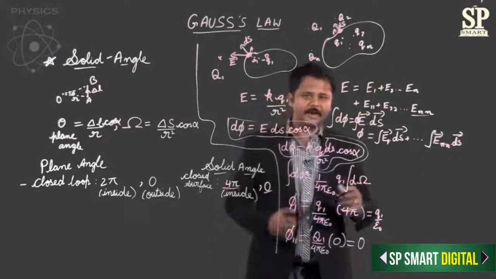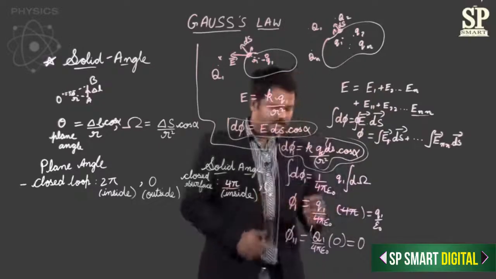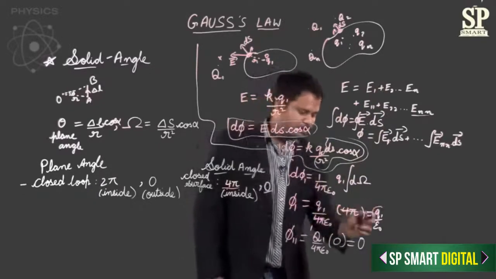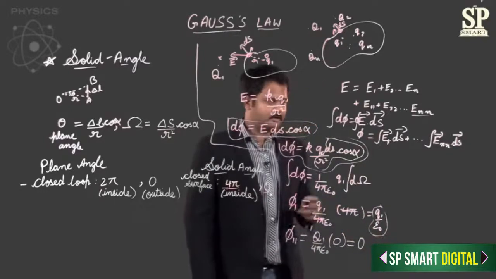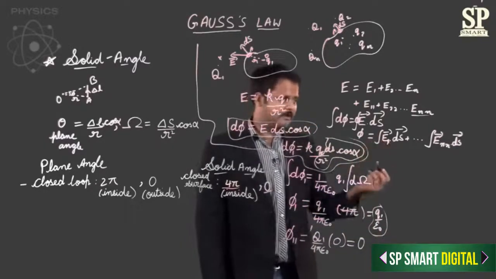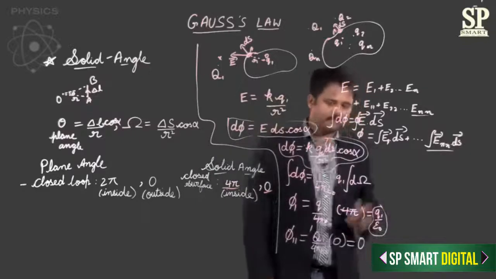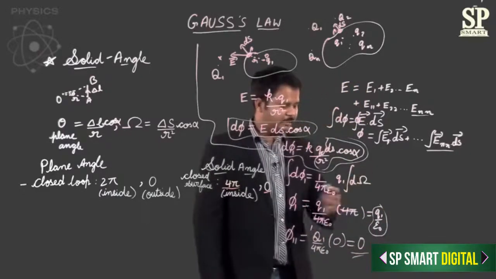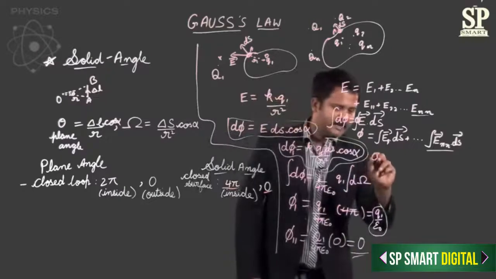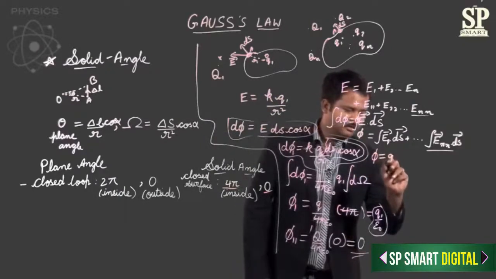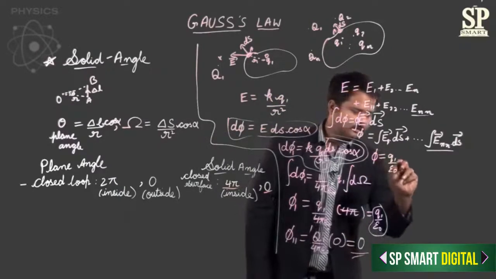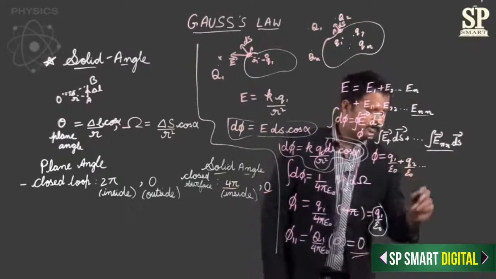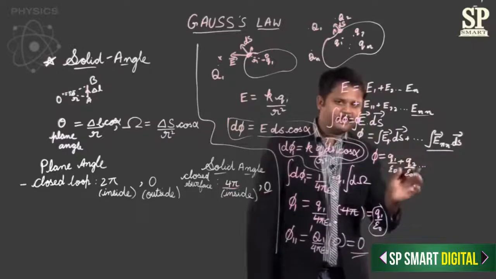Now, for a point that is inside the surface, this quantity E dot ds simplifies to Q1 upon epsilon naught. And for a point that was outside, for example, En, this quantity became equal to 0. Let's use these results. We can express phi as Q1 upon epsilon naught plus Q2 upon epsilon naught, and so on. And then these are for internal points.